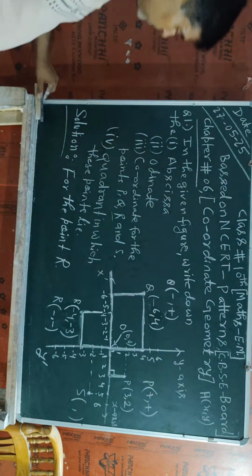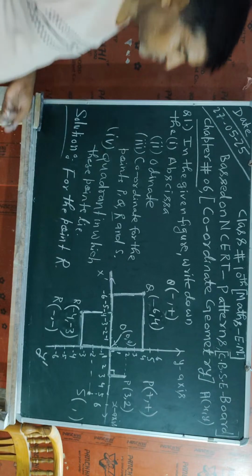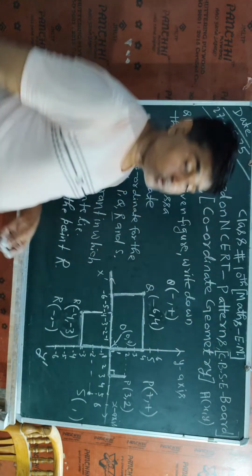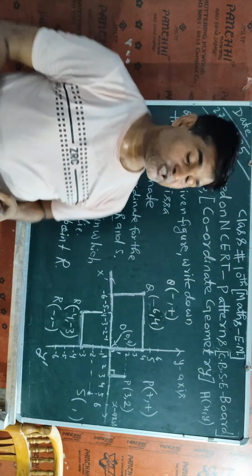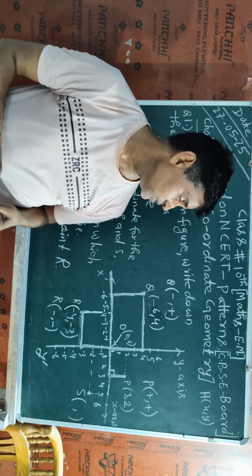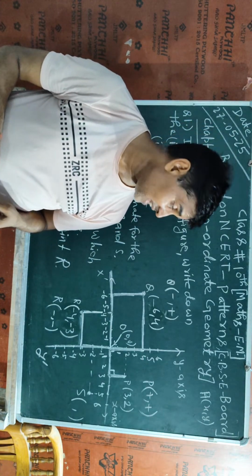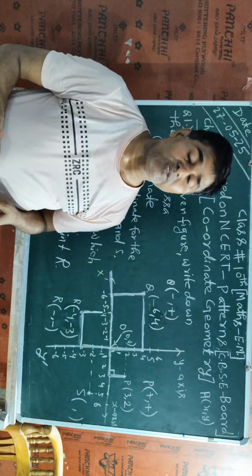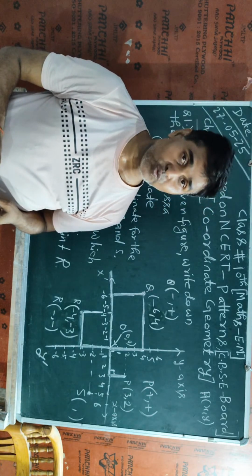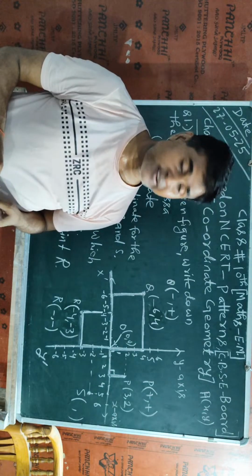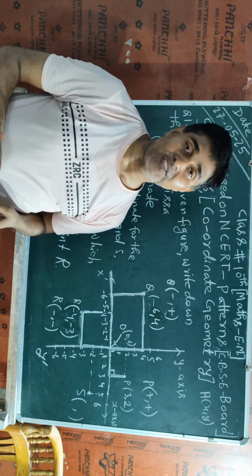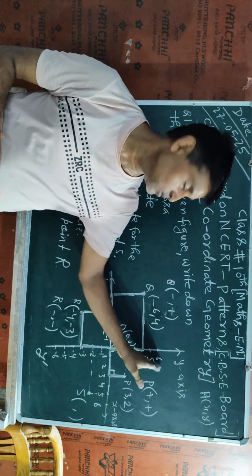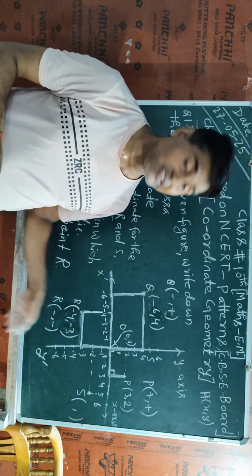Okay students, now the next information I am going to explain, that is the coordinate of the point S. First of all we have to take the abscissa value and then the ordinate value, and then I will write the coordinate of the point S, and then I will get the sign convention of the point S. Then I will decide in which quadrant that point will lie, whether in the first, second, third or fourth quadrant, or on the x-axis or y-axis, in other words on the positive x-axis, positive y-axis, negative x-axis or negative y-axis.